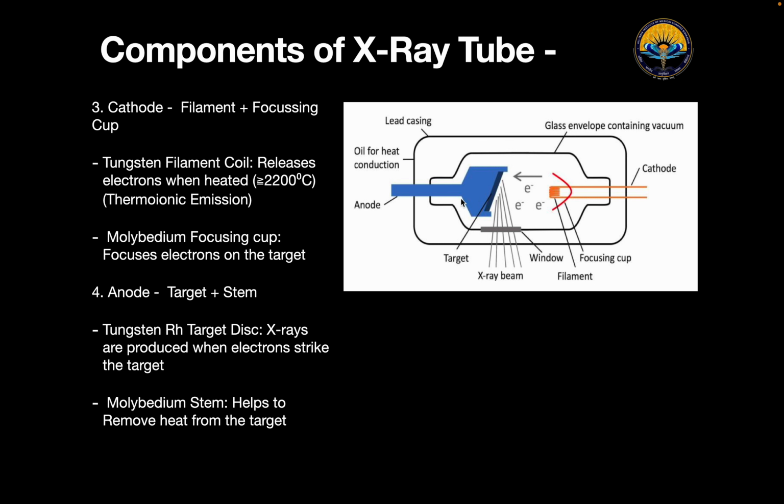The anode will have a main molybdenum stem and a small target disc. This target disc is made of a tungsten and rhenium combination, and when electrons strike this target disc, it will cause production of the X-ray. When electrons are accelerated towards the anode, they will have some velocity and energy, and this energy is in the form of kinetic energy.